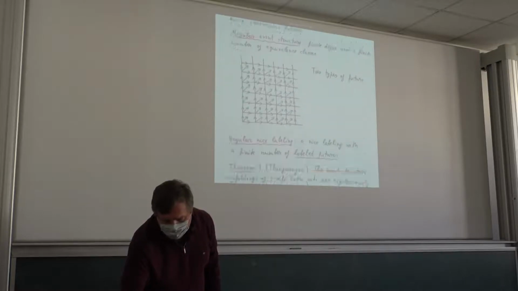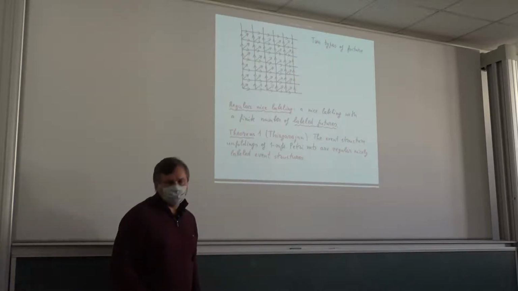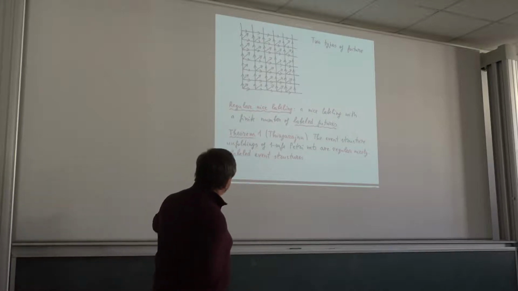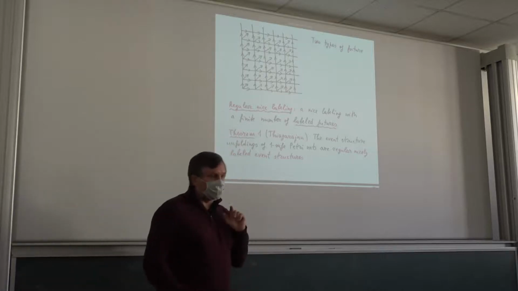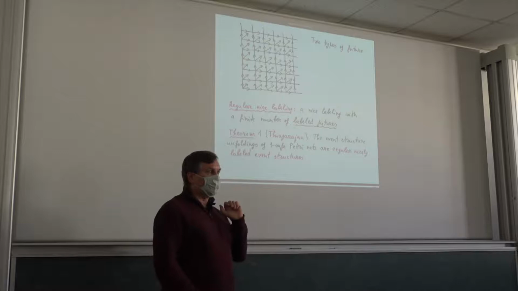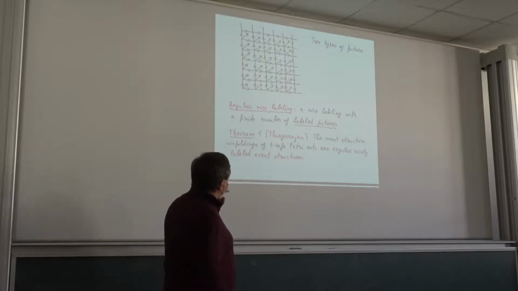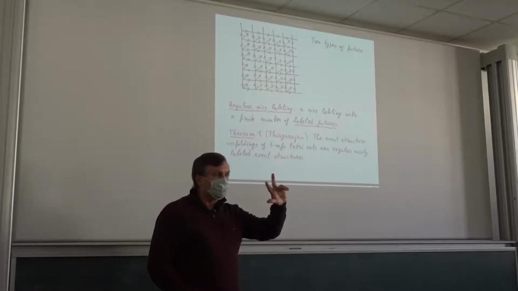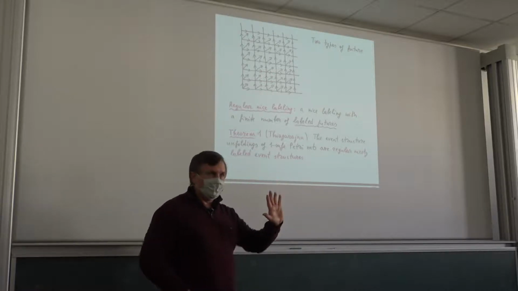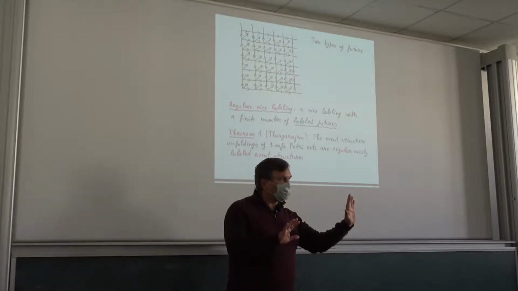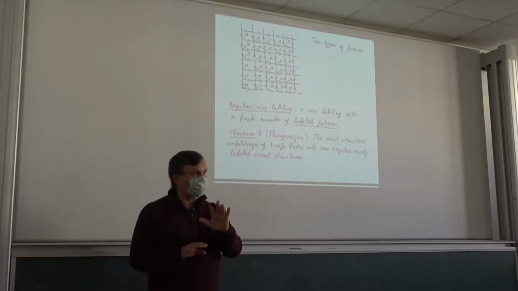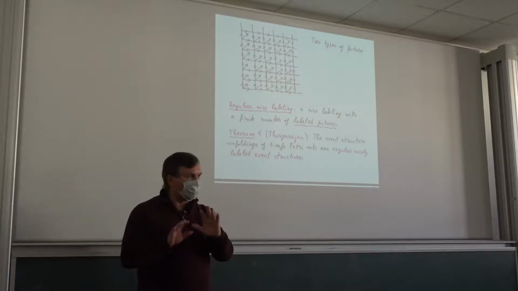Regular nice labeling is a nice labeling in which you have a finite number of isomorphism types of colored, labeled futures. It's clear? Regular is not labeled, and regular nice labeling is labeled. It's like colored graphs, but you have regularity.